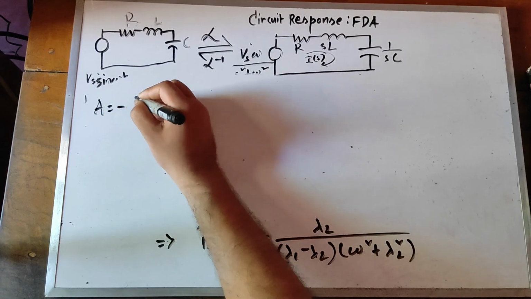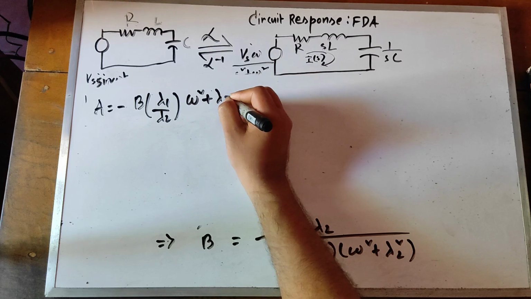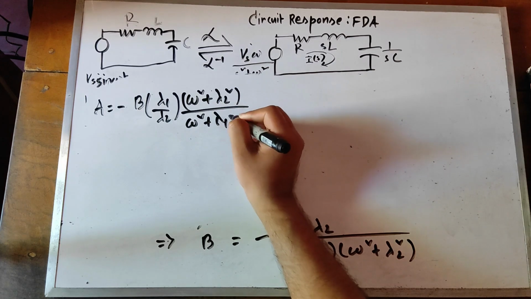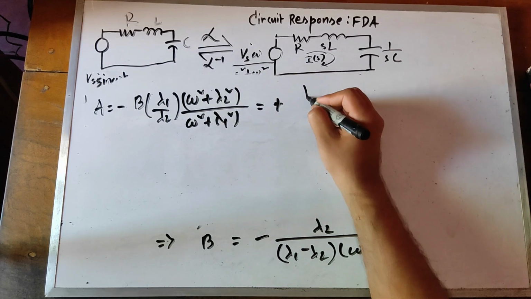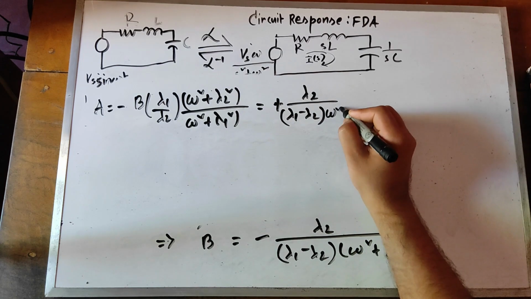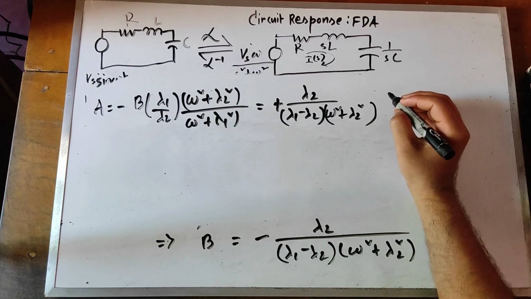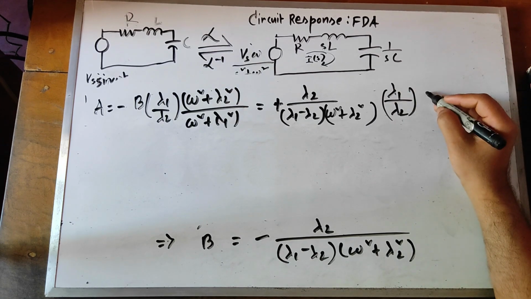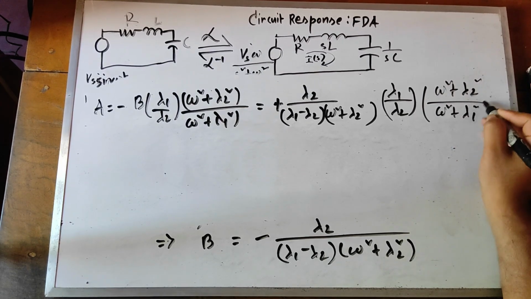So A is minus B lambda 1 by lambda 2 times (omega squared plus lambda 2 squared) by (omega squared plus lambda 1 squared), which will give me minus and minus plus lambda 2 by (lambda 1 minus lambda 2) times (omega squared plus lambda 2 squared), then lambda 1 by lambda 2 times (omega squared plus lambda 2 squared) by (omega squared plus lambda 1 squared).